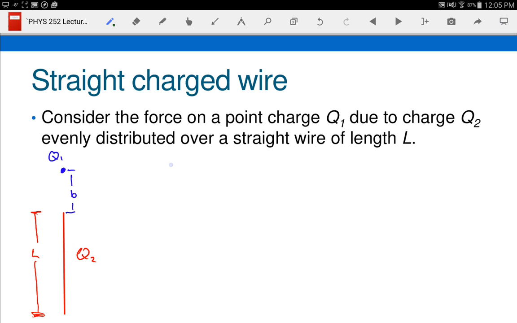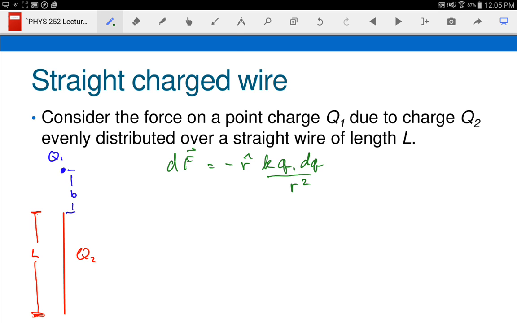Okay, so my equation is still going to be dF equals minus r hat k Q1 dq over r squared. Substitutions.